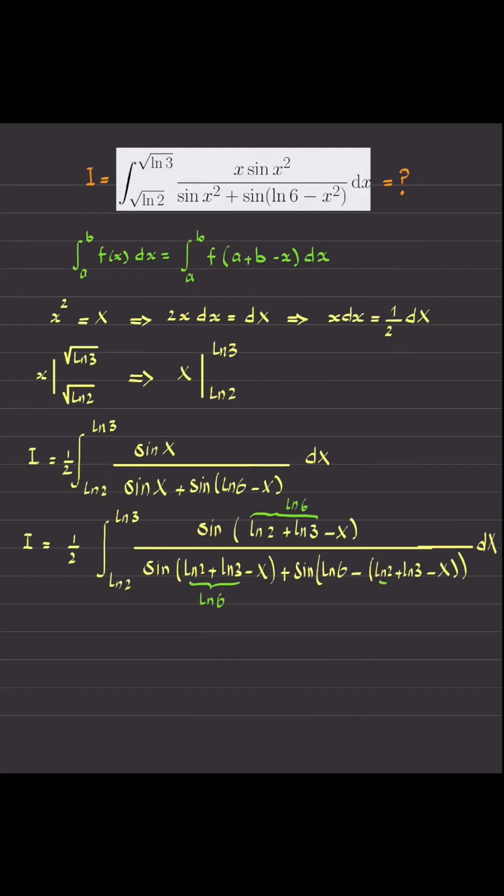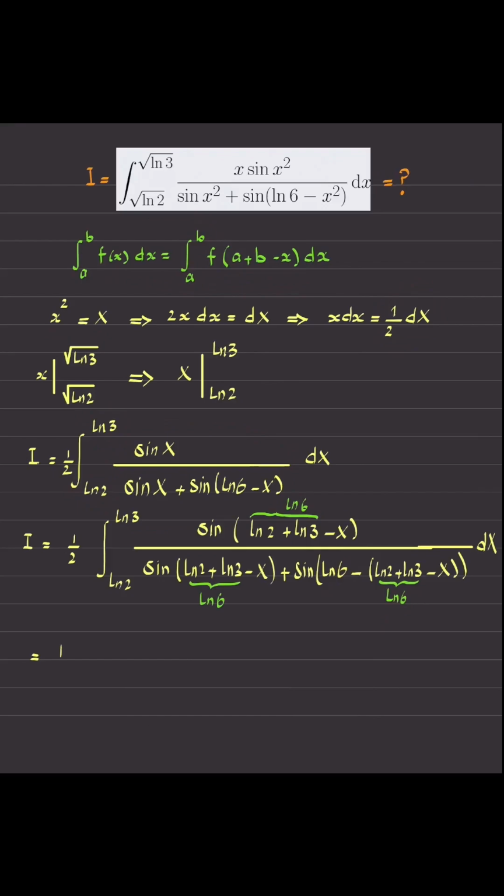So this can also be written as ln of 6, but the good news is that this minus sign makes this minus ln of 6. ln of 6 and ln of 6 are cancelled. Minus minus becomes plus. So if you don't mind, let me write it in a little bit simpler way.